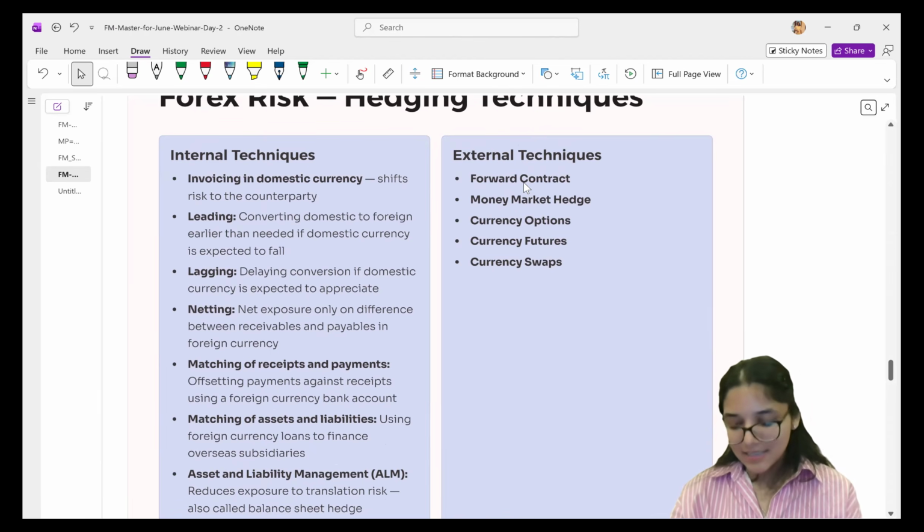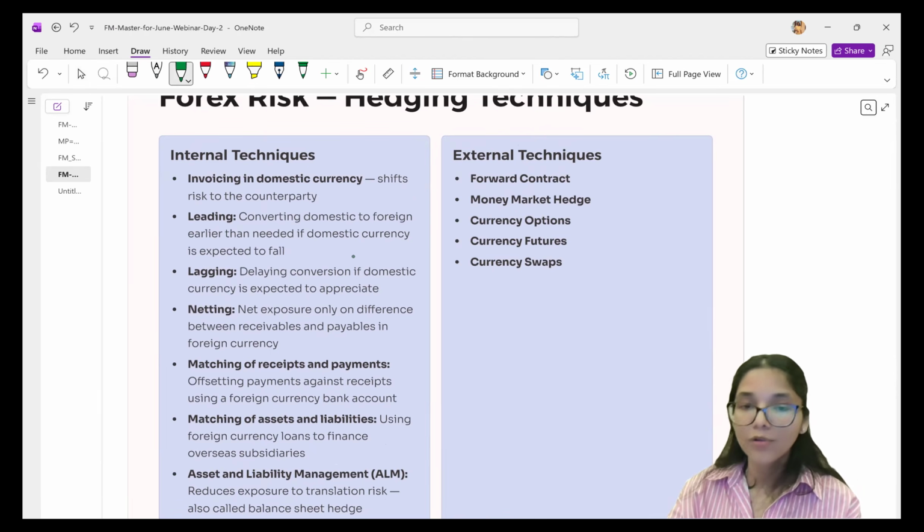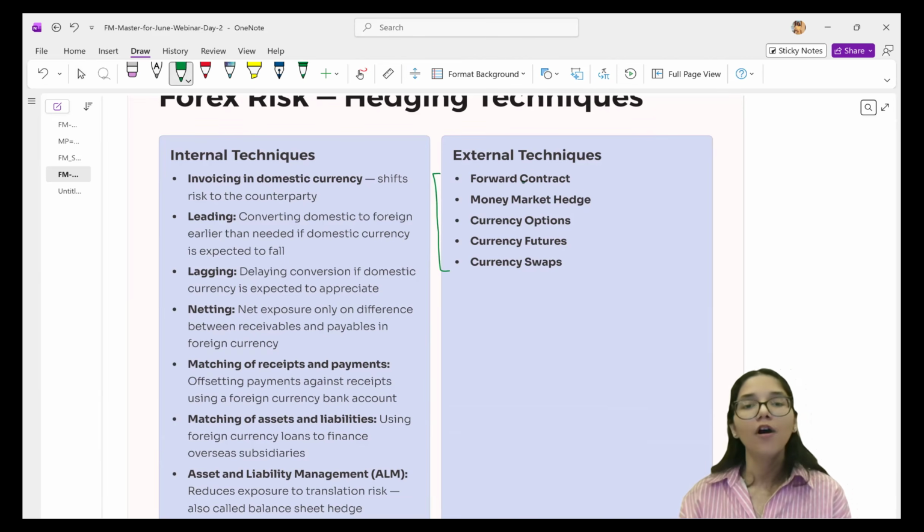Then guys, this is the main part which is also going to be tested as part of your numericals. So a forward contract is wherein I am getting into an agreement today that this date in the future, we are going to exchange this much of currency at this particular rate.